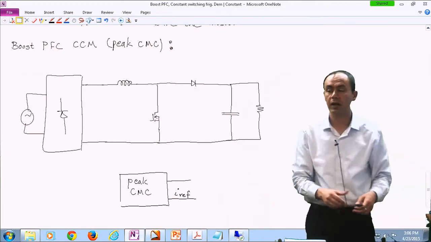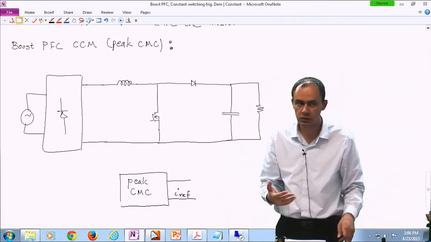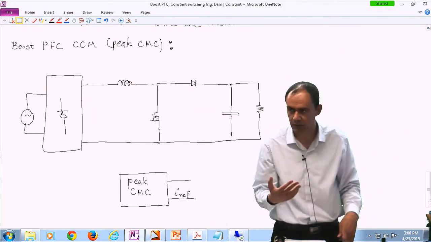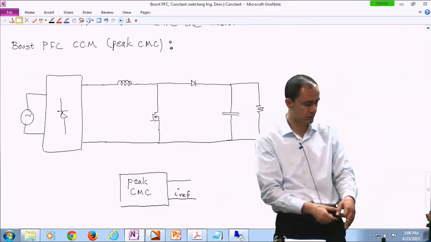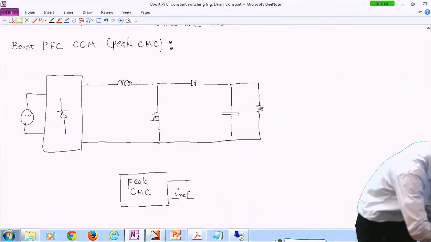And then somehow we needed information about the peak value of the inductor current, meaning that we have to measure either the inductor current or the switch current, it doesn't really matter. Let's just measure the inductor current.